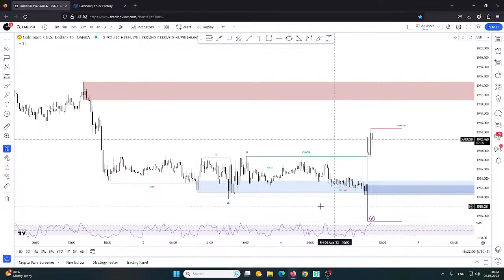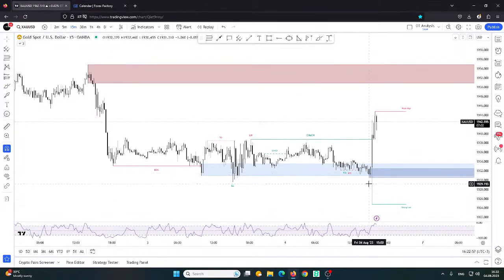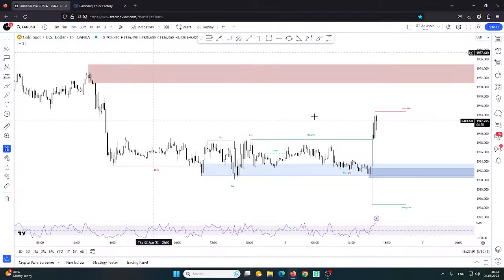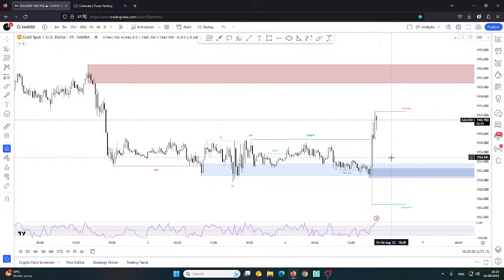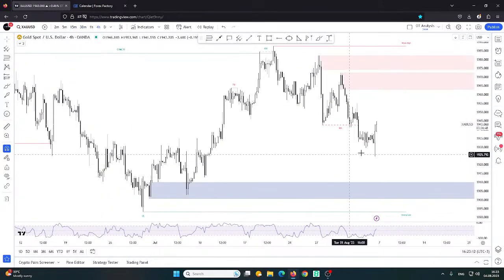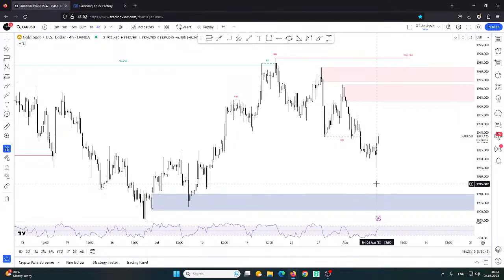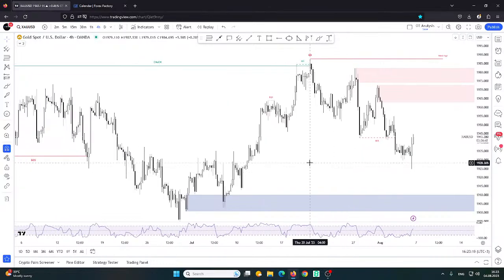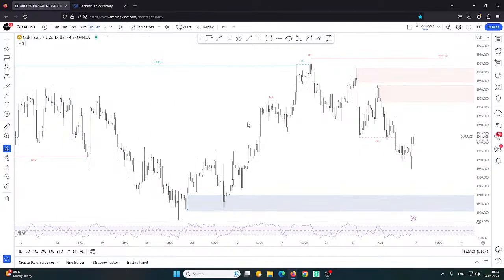This pin bar, false breakdown, great separation, amazing rally after the economic data, and yeah, personally, I would like to see something like this. Okay, the price to come back down to retest this zone, and then to extend its growth, in the short term. This is my opinion about gold.